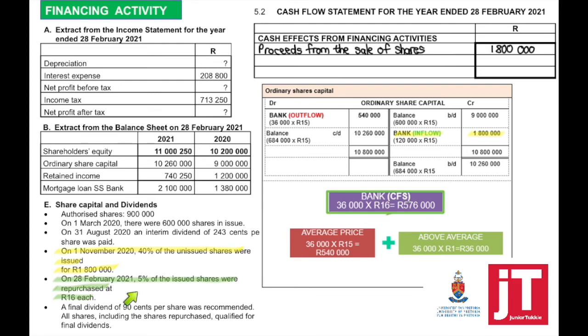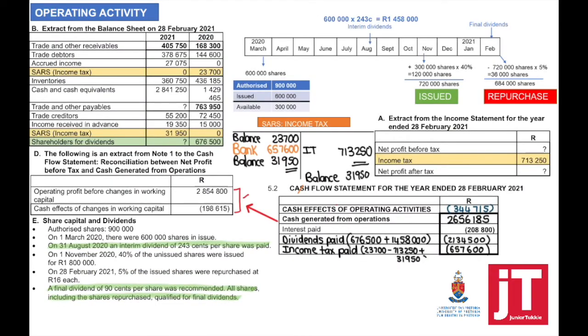On 28th February, 5% of the issued shares were repurchased at 16 Rand each. So I now need to know what is the number of shares in issue. If I go back to my timeline, a reminder, 600,000 shares were in issue in the beginning.